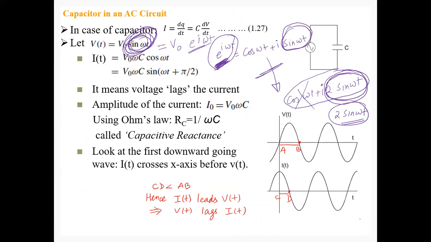It would just be e to the i omega t, for current. Or here, you said here. Or it would be that whole thing, omega t plus pi over 2. So you have to take the argument.